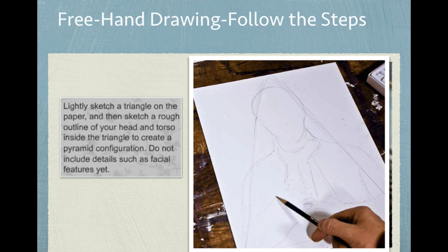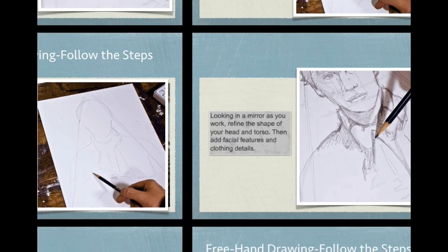So these steps are actually in your online lesson for this one. Lightly sketch a triangle on the paper. And then sketch a rough outline of your head and torso inside the triangle to create a pyramid configuration. Do not include details such as facial features yet. So just get the main setup, the main outline and pyramid configuration.